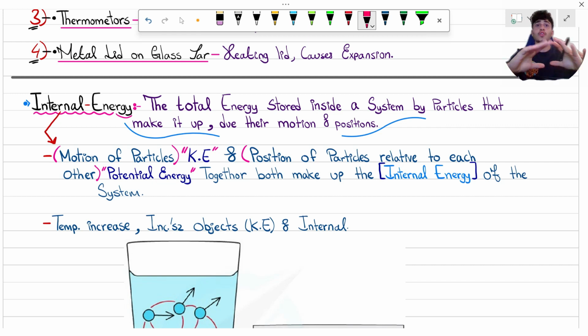But internal energy is the total energy stored inside an object due to their motion and positions. The key words here are motion and positions. Motion refers to kinetic energy, and position refers to potential energy. So internal energy is kinetic energy plus potential energy.